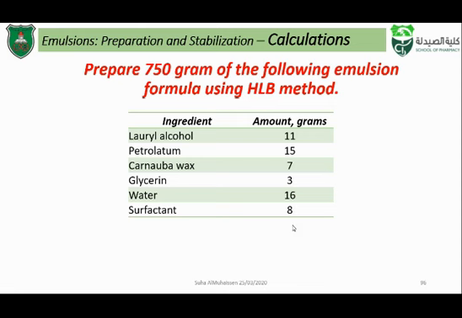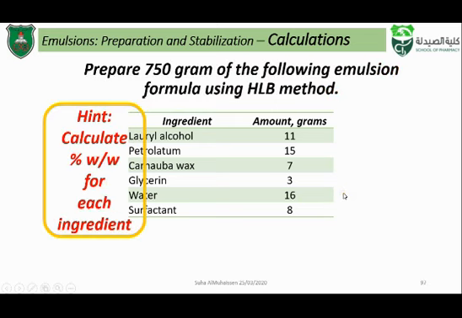As you can see, I added the amounts of each ingredient. To simplify the calculations and to be able to use the same method I did, please calculate the percent weight per weight for each of the ingredients.